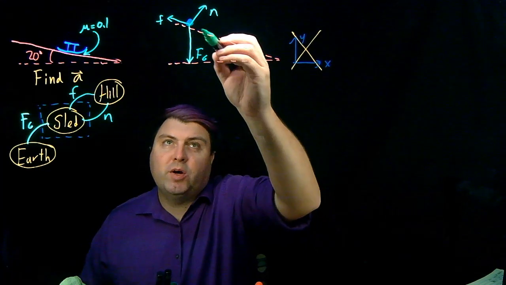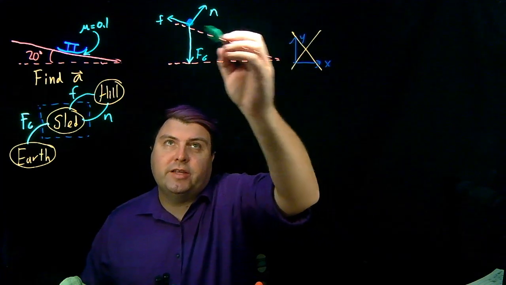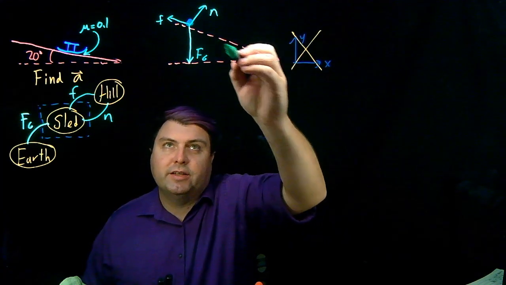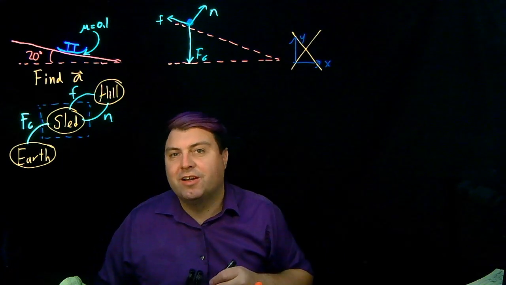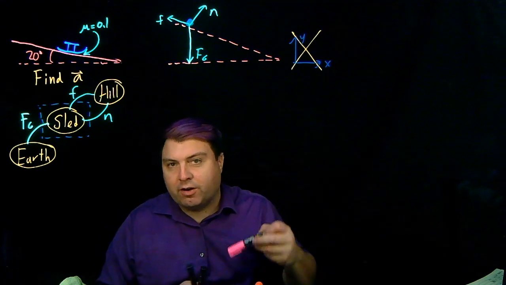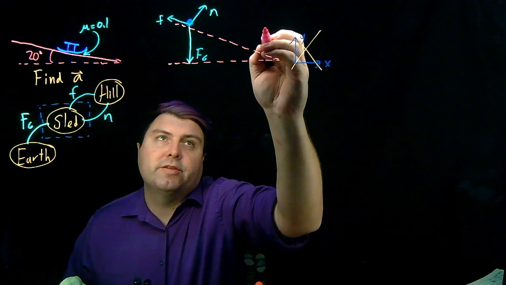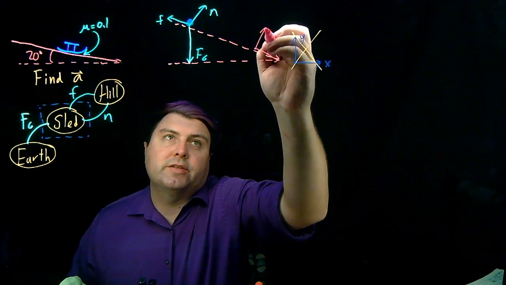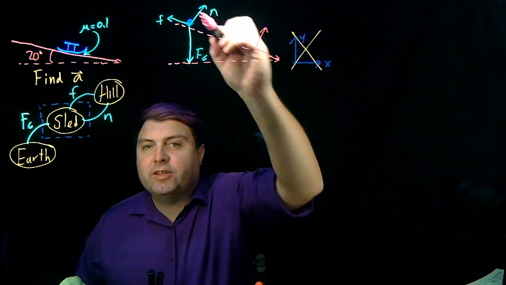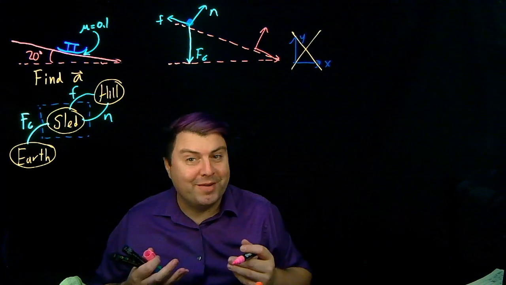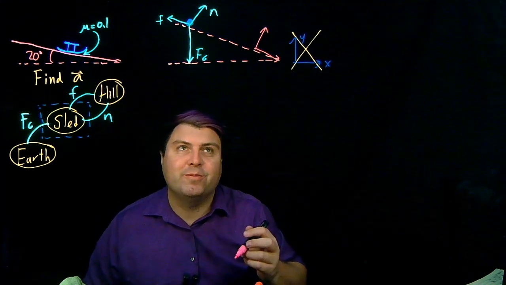Also, the sled isn't going to go in the x, it isn't going to go straight in the y, it's going to go along this surface. So if we choose a coordinate system that looks like this, then our sled is moving in just one dimension, which is easier than two dimensions.